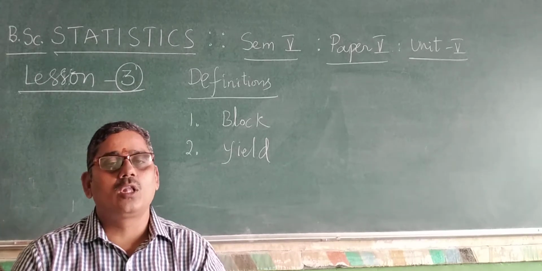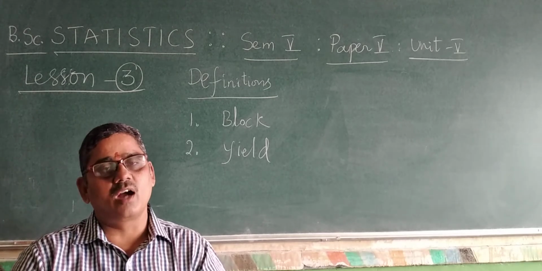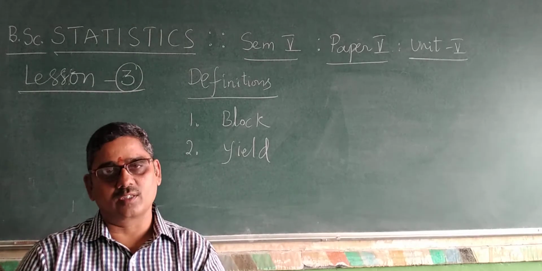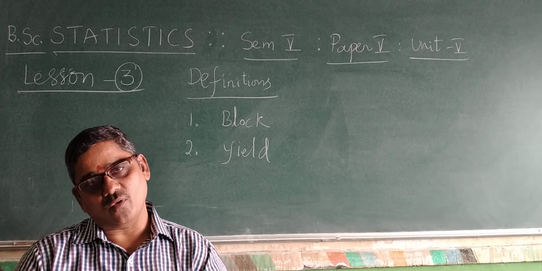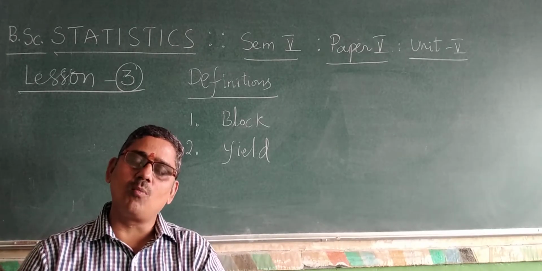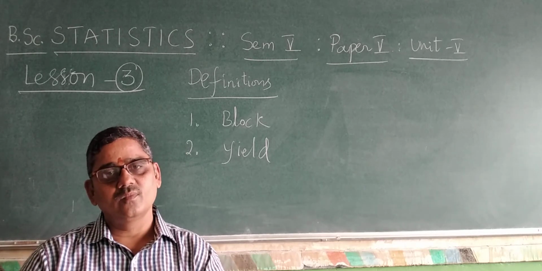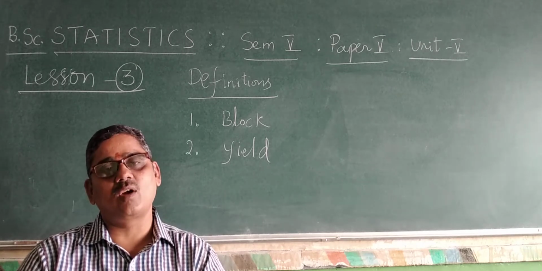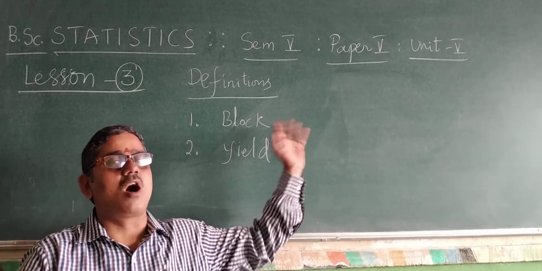Now, based on all the definitions, we discuss blocks and yield. What is meant by blocks? If the whole experimental material is divided into homogeneous subgroups or strata, those subgroups or strata are simply called blocks.